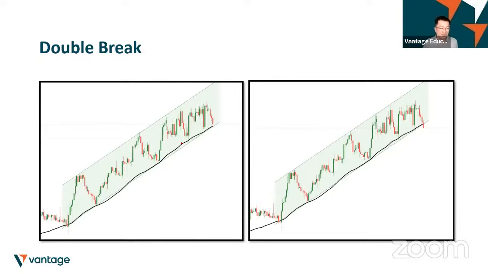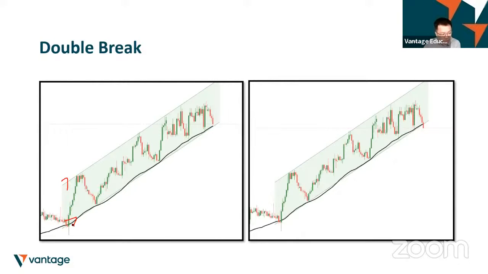So looking at the one on the left first, we have that upward channel, and we have the 46 SMA here. You can see that the price has actually done quite well.